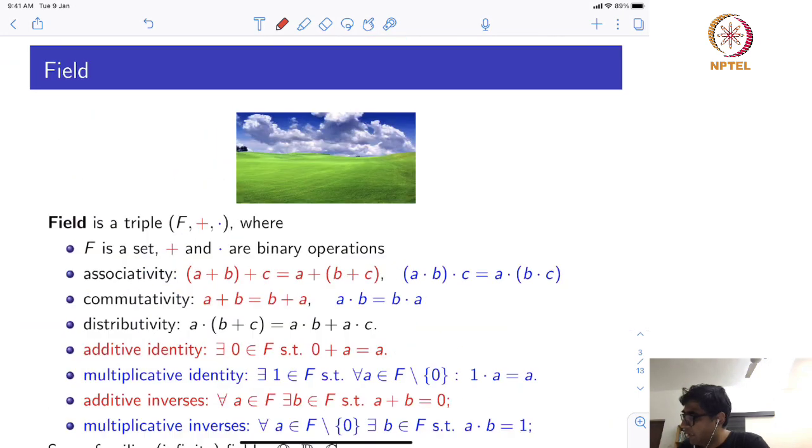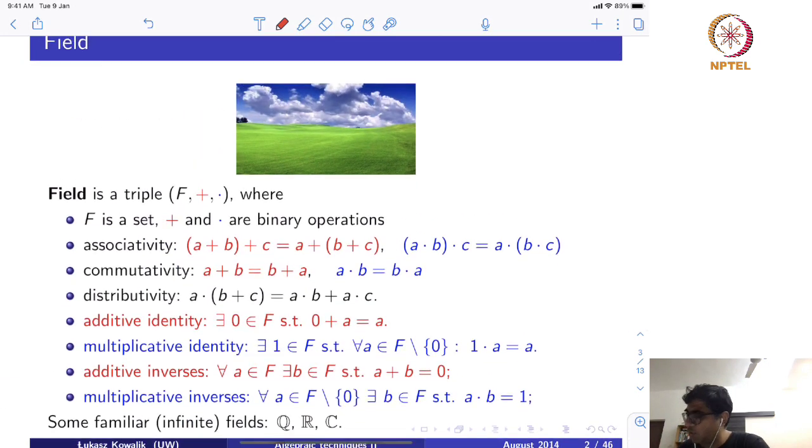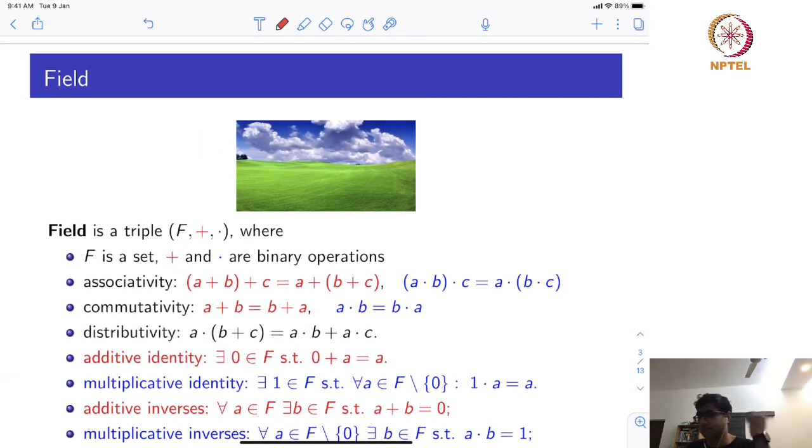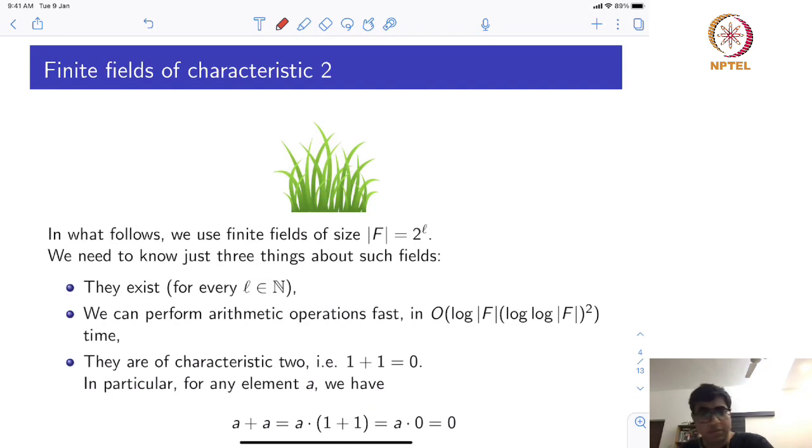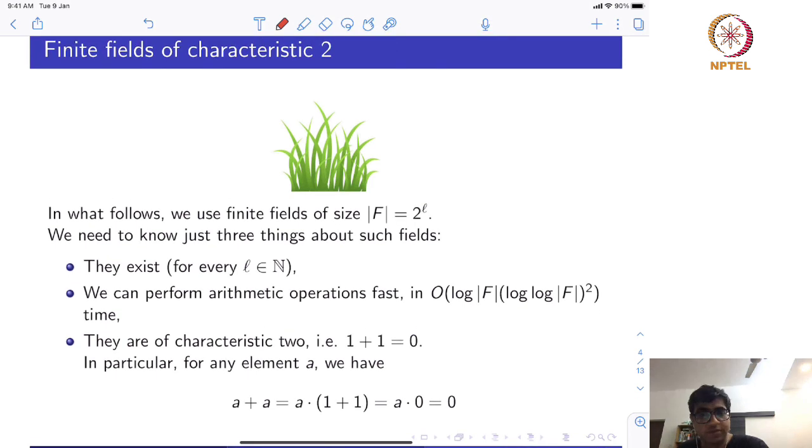These are infinite fields, meaning Q, R and C are of infinite size. But the kind of field we will be working with will have size 2 to the power L, and the only things that we need to know about this field are the following. There exists a field of size 2 to the power L for every L in natural numbers. That's the first thing.